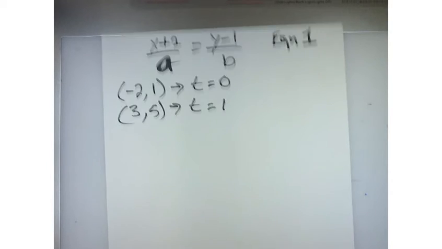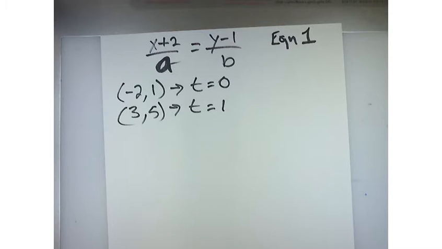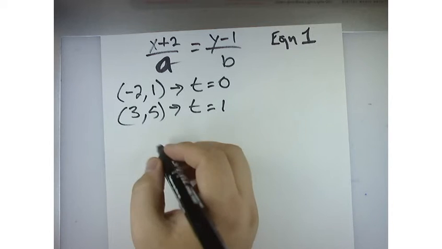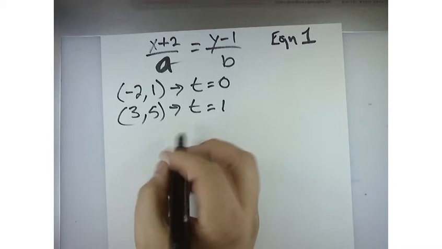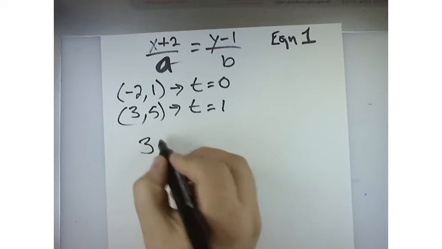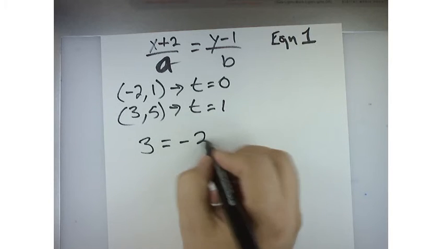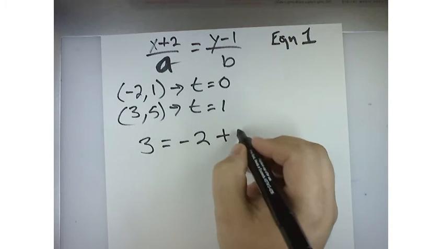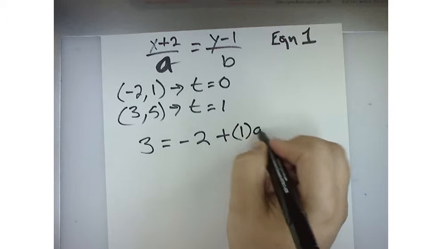And so now if that's the case, what could I do? How could I solve that? Okay? Well, my endpoint would have to be, for example, I could say 3 equals -2 plus 1 times a, right?